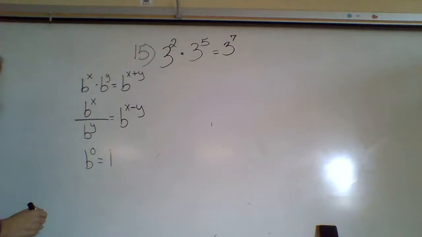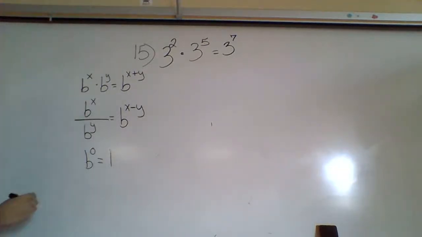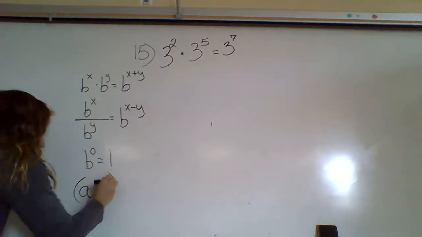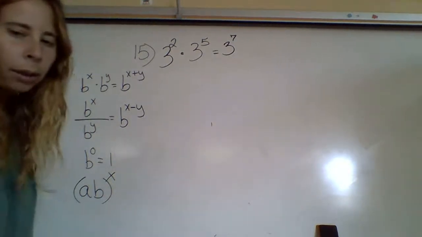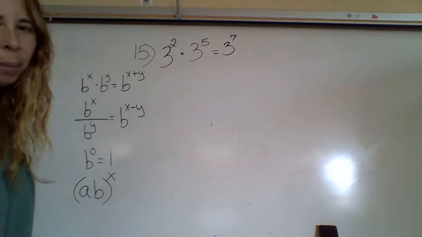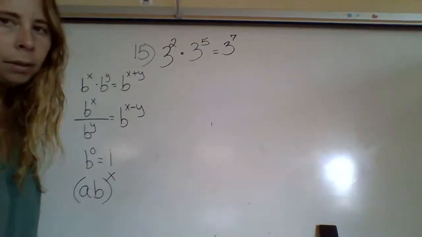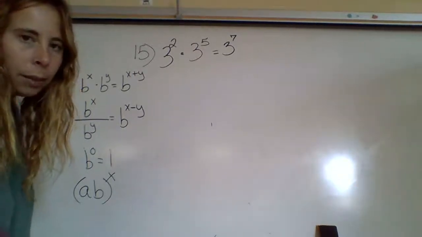What else do we have? Okay, we have AB to the X power. This is called the power of a product rule.